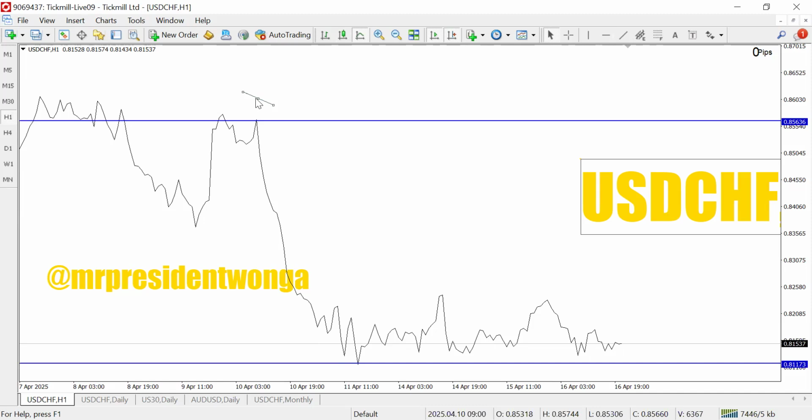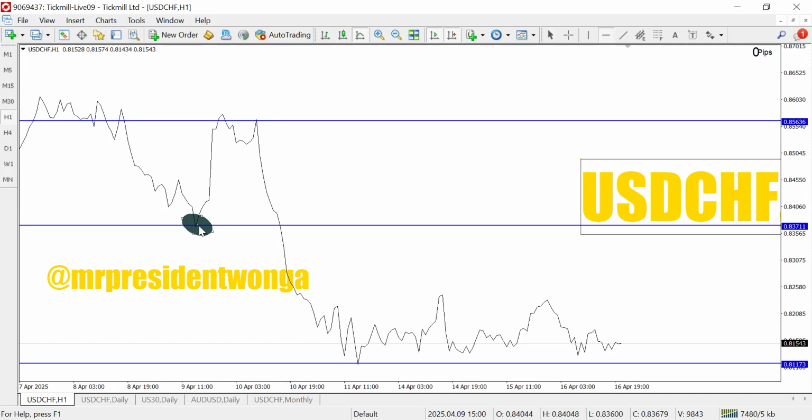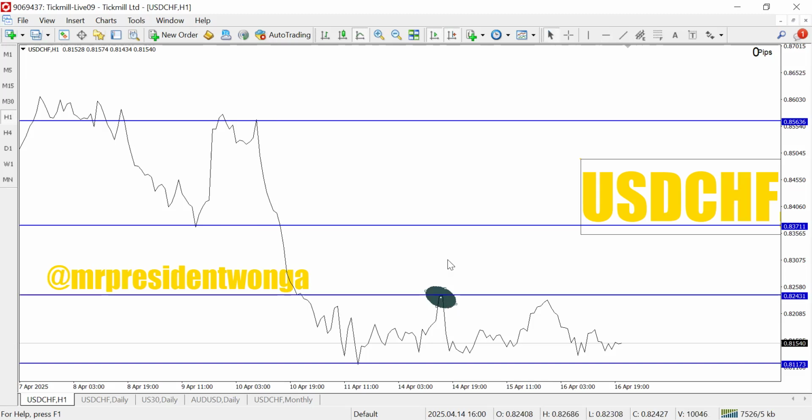So I'm marking this level as my high, and I'm going to mark that level also, because it's important, because this was a floor some time. This was a floor before the price started moving, and this level, the price broke and it went to that low. I'm going to mark this as my other high. Mark that level.